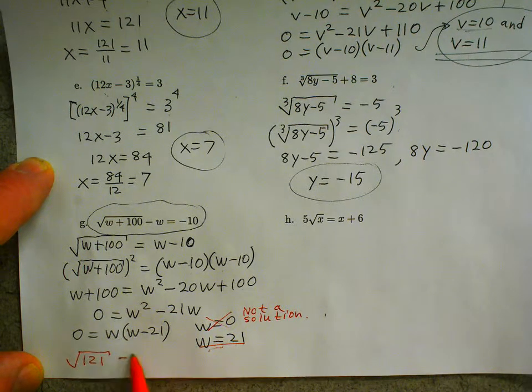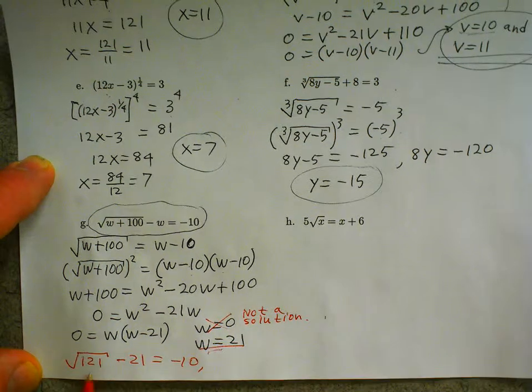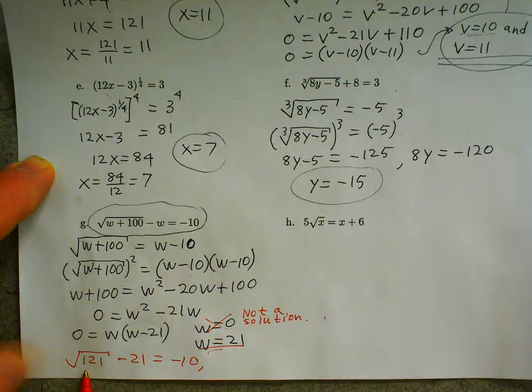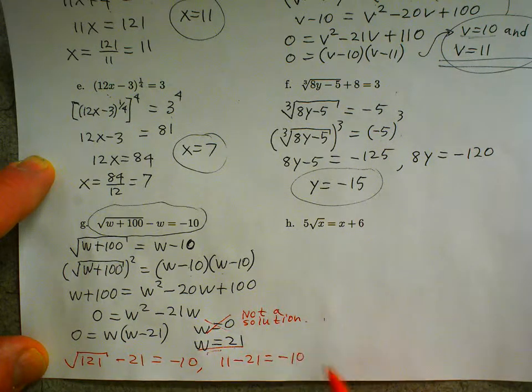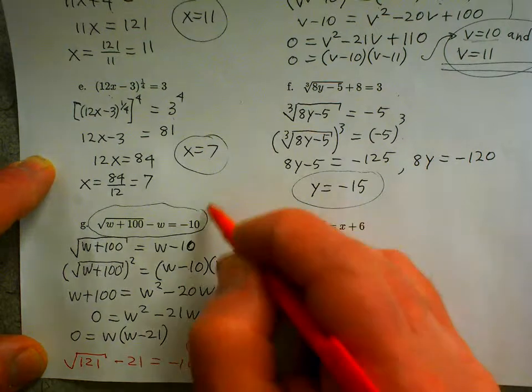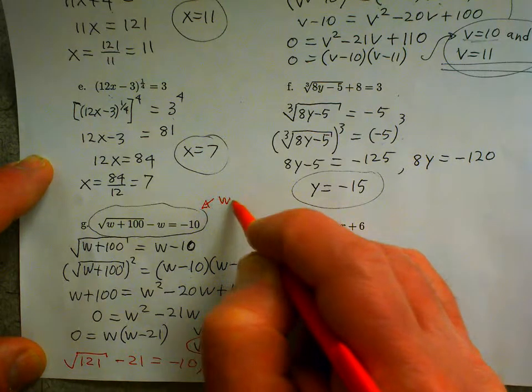And then minus 21, does that equal negative 10? The square root of 121 is 11, so we get 11 minus 21 equals negative 10. That is true. So w equals 21 is the only solution to that one.